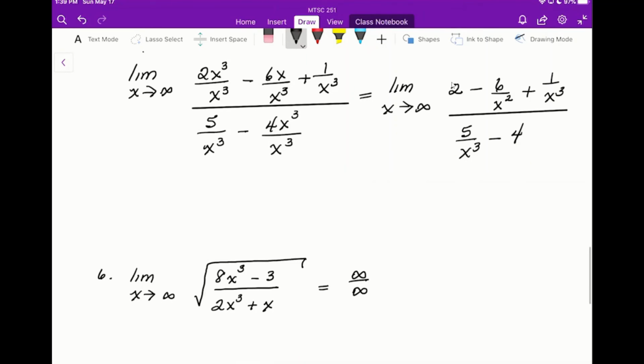So we take that limit, and we get 2. This term goes to 0, this term goes to 0. So in the numerator, we just get 2. And in the denominator, this term goes to 0, so we just get -4. So our answer is -1/2.